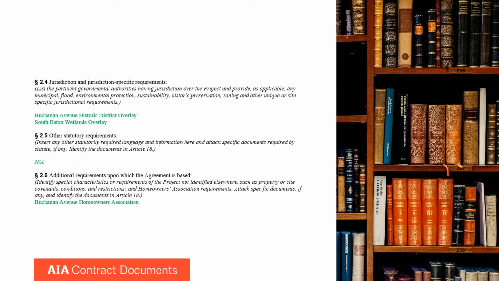Then there might also be the specific case where you have a historic district overlay or a wetlands overlay or any other kind of jurisdictional requirement that's local. We need to enumerate that right in this part of the contract. And then the last section allows you to put something like a home builders association or other things. And so this is a very clear way to delineate what the rules of the game are.